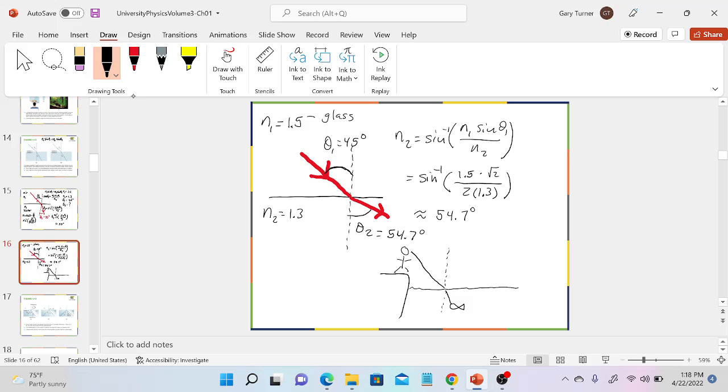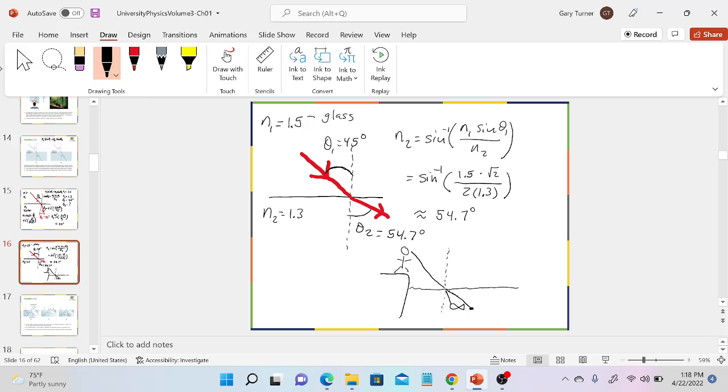So the observer actually thinks, if I extend the observer's line of sight down, they actually think the fish is right here. So when you're looking at fish from above, the fish is actually going to be in front of where you think it is, right? And this is purely a consequence of the way that refraction works.